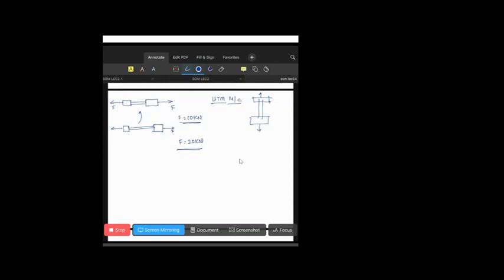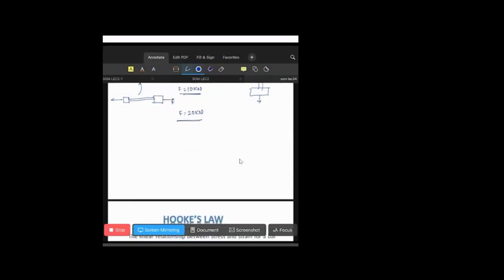of the given material. Now, if we increase the load further, let's say F equal to 30 kilonewton, what will happen? As soon as we apply the load, deformation will go on increasing. Compared to the case of force equal to 10 kilonewton, there will be more deformation when the force is 30 kilonewton.